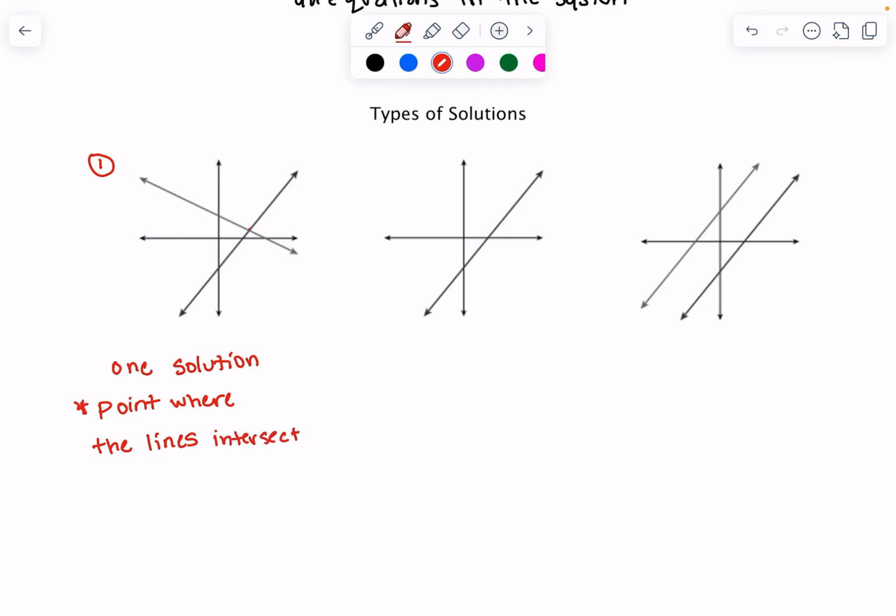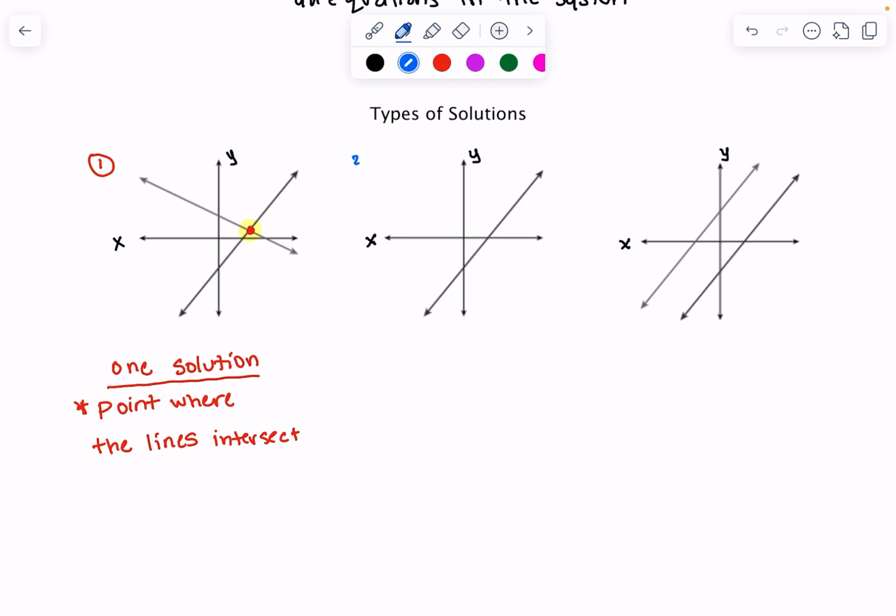It's this point right here that I'm highlighting, the point where the two lines cross. We're going to assume on these graphs that this is your x, this is your y. So one solution is the point where the two lines intersect.